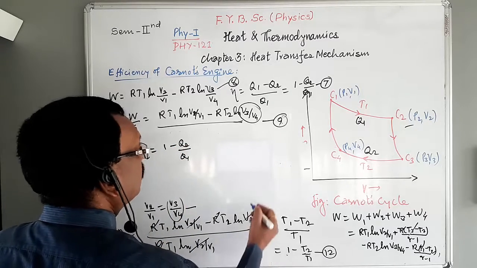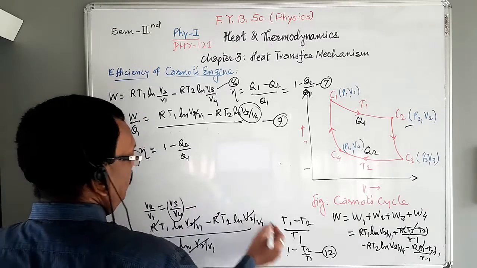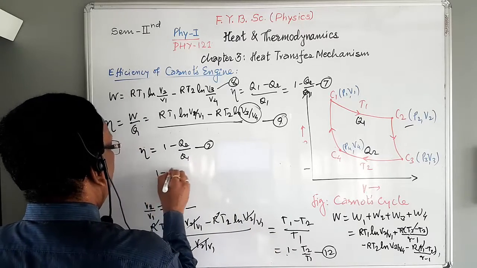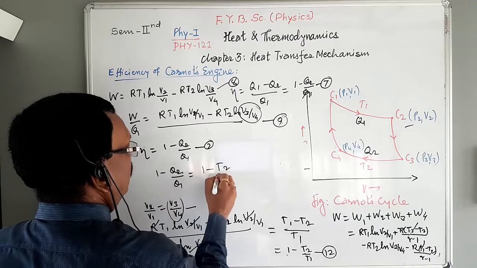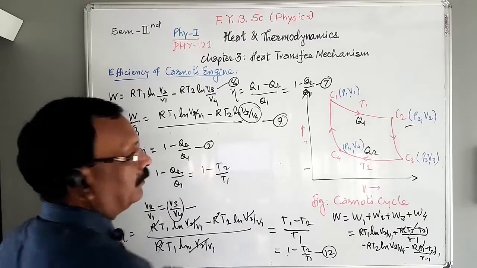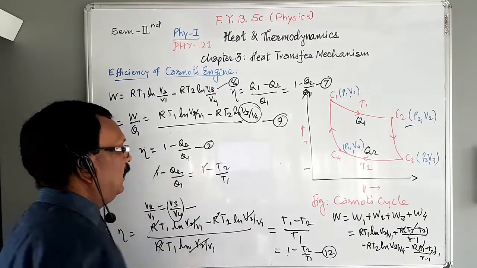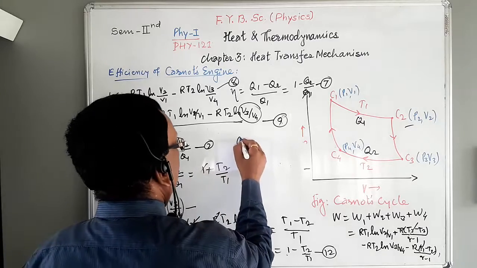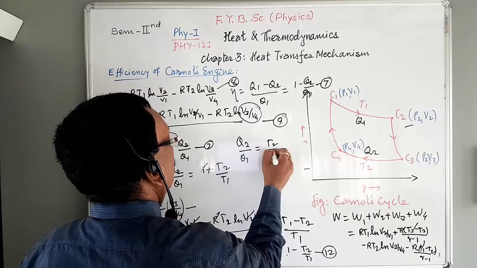So from equations 7 and 12, we have 1 minus Q2 upon Q1 is equal to 1 minus T2 upon T1. The 1 is cancelled with this term, minus minus plus. So we have finally Q2 upon Q1 is equal to T2 upon T1.